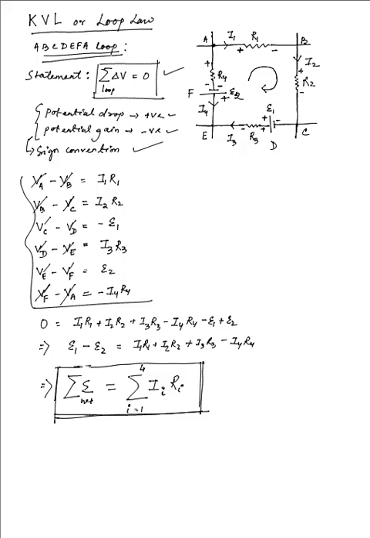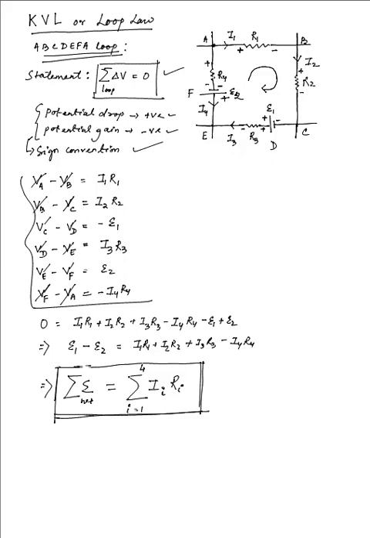Of course, this loop has external, extended branches, and even if these loops didn't have any kind of EMF source in them, the currents would have flowed anyway, because the external circuit may have some source by itself, and it may be providing current into this loop.